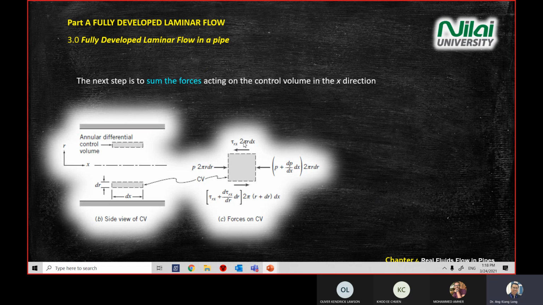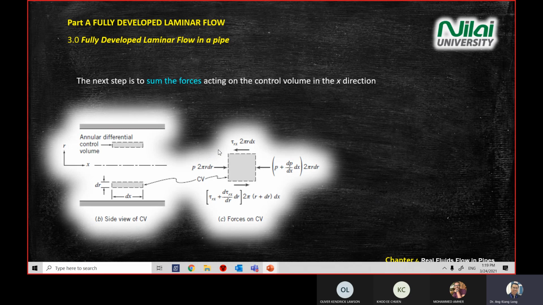Again, the area is 2 pi r dx. You will get a force at the top, and at the bottom you will get this term plus the partial differential of your shear stress with respect to r, over the distance dr.